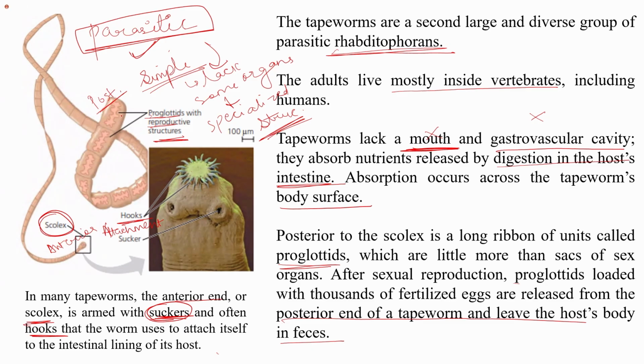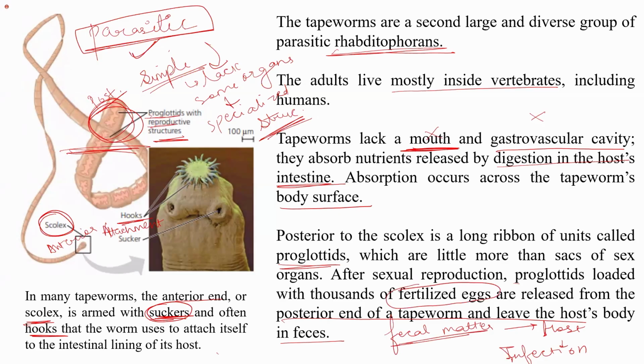So besides acting as a sac of sex organs, these proglottids get separated from the body of the tapeworm and are released into the fecal matter, which, if ingested or if it comes in contact with another host, can cause infection in that host. It contains fertilized eggs, so if it is ingested, it will develop inside the body of the other host.